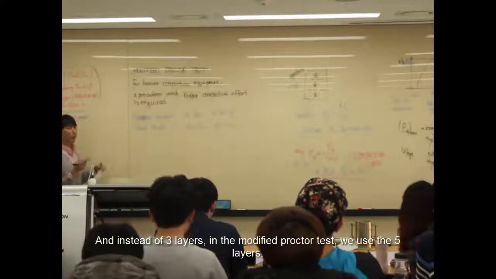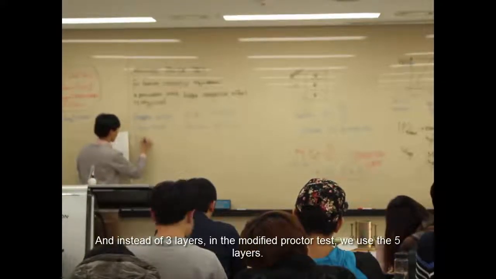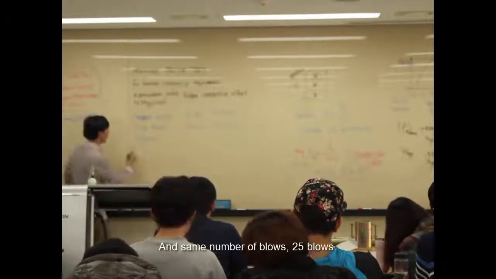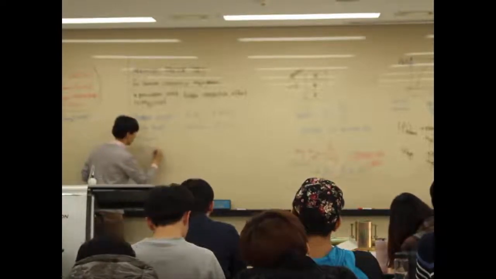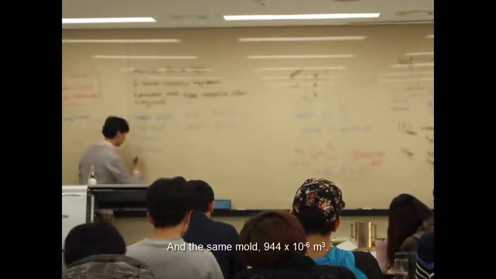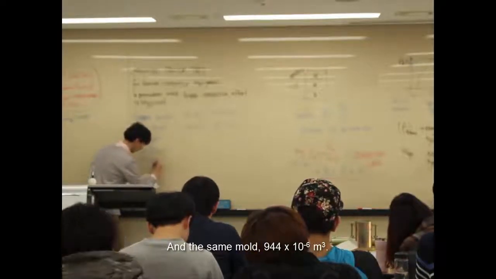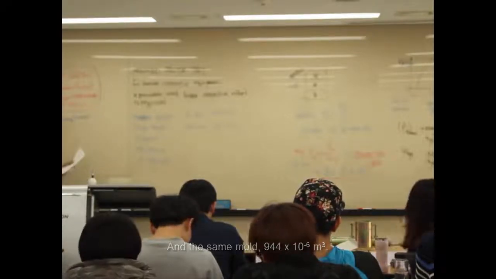And instead of 3 layers, in the modified Proctor test you use 5 layers, and the same number of blows, 25 blows. And the same mold, volume is still 944 cubic centimeters.